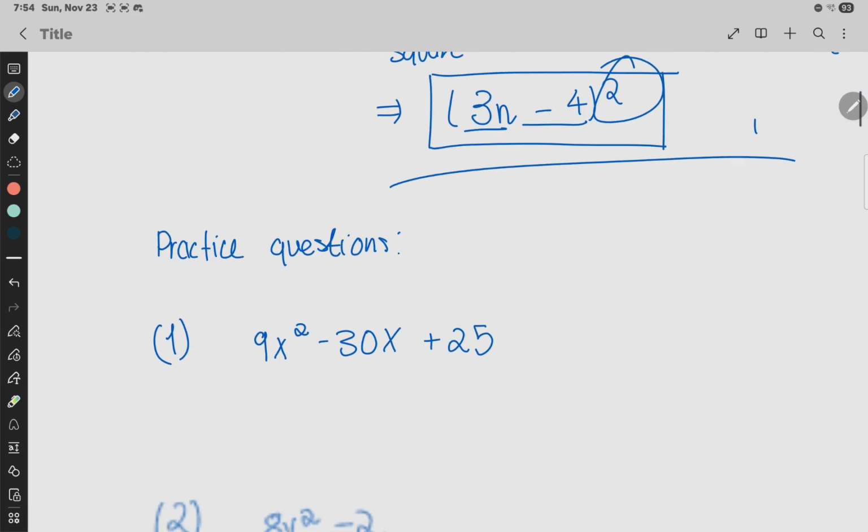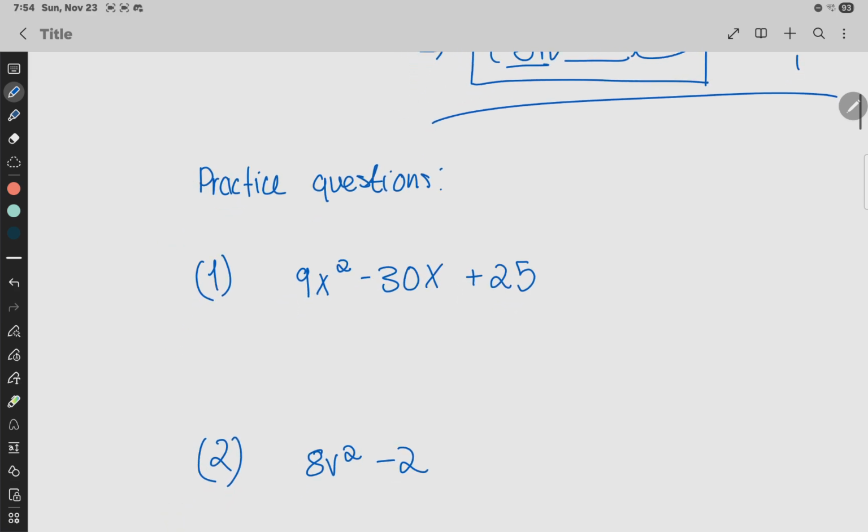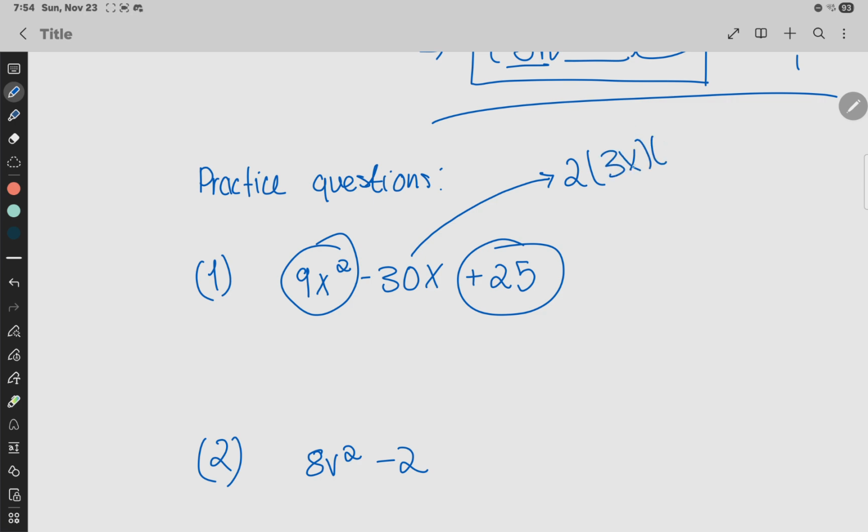Okay, so now let's do some more examples. So we look at this trinomial. We see that these two are perfect squares. So let's check if 30x equals 2ab. So 2ab equals 30x.